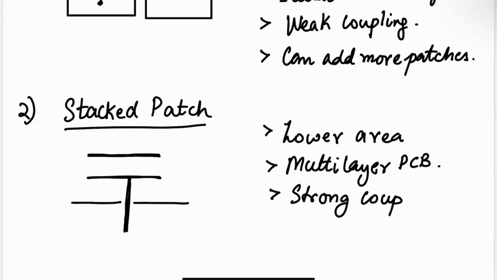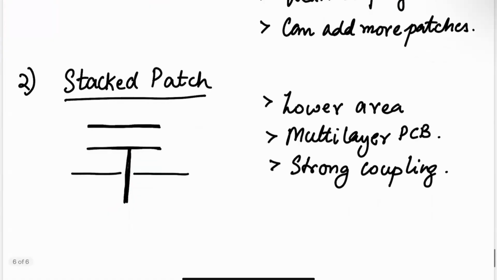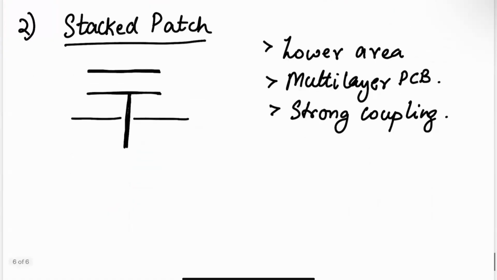Because they're interacting with each other with the fields that are underneath the patch. So you have very strong coupling, right? Most of the fields for this patch are confined here, and that's interacting with this one's fields, which are confined here in some sense, right? So you get pretty good coupling. Yeah, and of course, the directivity is a little bit lower, but that's fine compared to a typical patch.